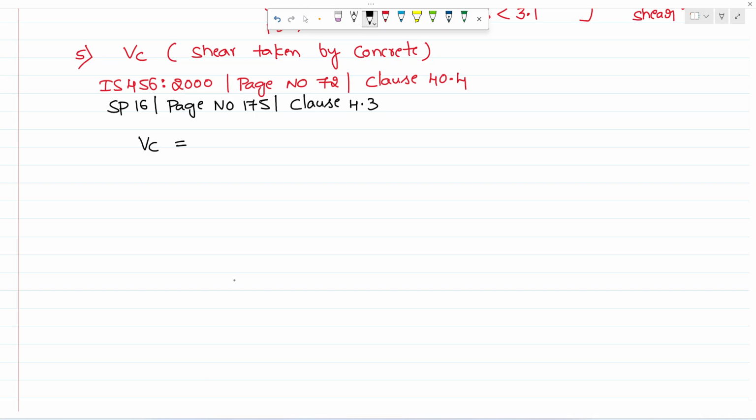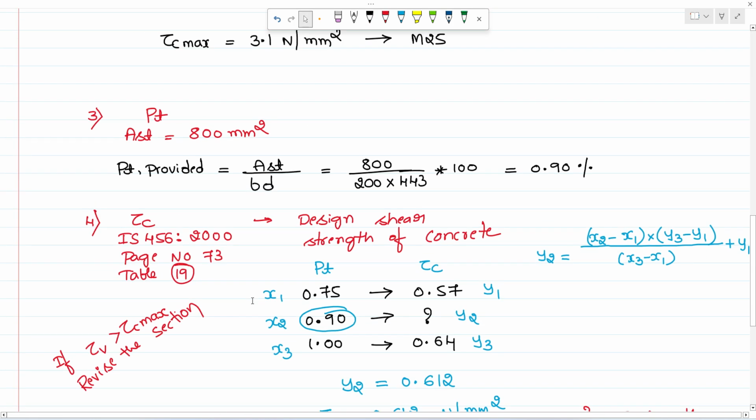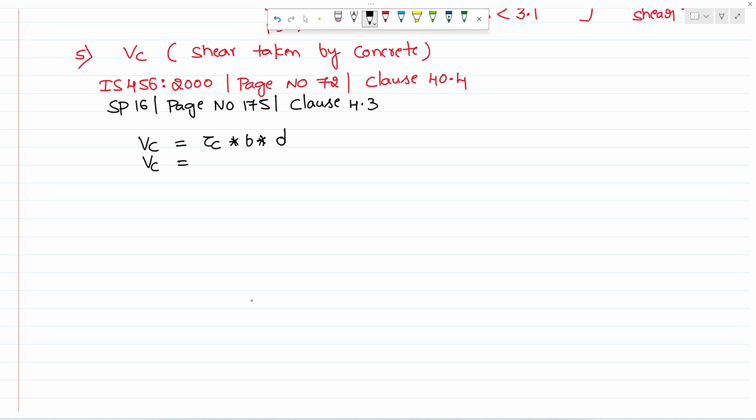So VC is calculated as tau C BD. What is the tau C value? 0.612, multiplied by width of the section 200, effective depth 443.